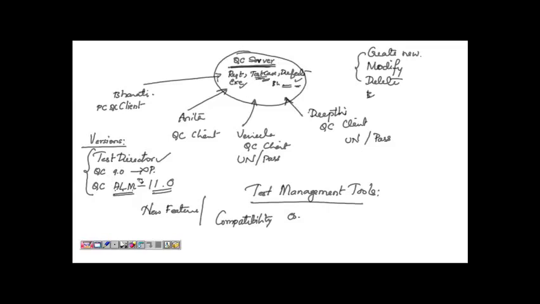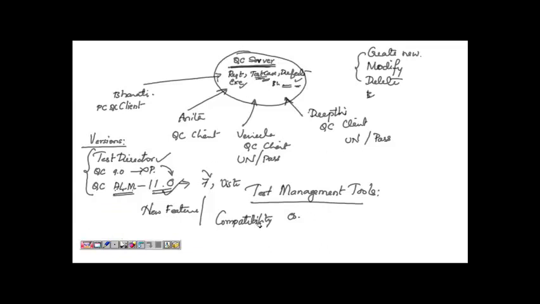But when we had the new versions of the operating system, Windows 7 and Vista, it was not much compatible. So we came up with 11.0. Because your operating system version is changing, they are upgrading this Quality Center version so that they can suit the operating system that you are using.